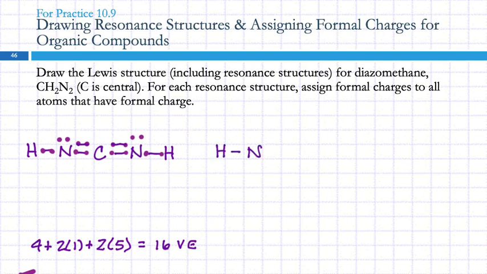So here's our skeleton again. What if we made a triple bond and a single bond instead of 2 double bonds? It's the same number of electrons. So we've got 2, 4, 6, 8, 10, 12, 14, 16. I'm just rearranging the electrons and doing it that way.